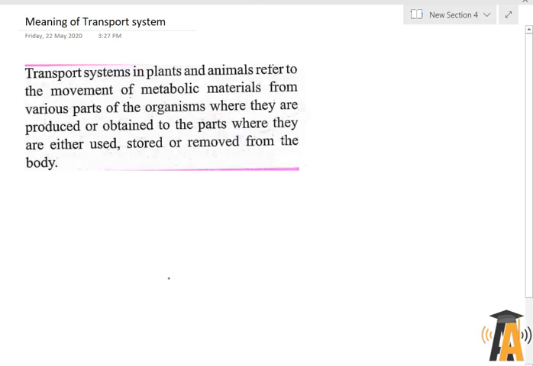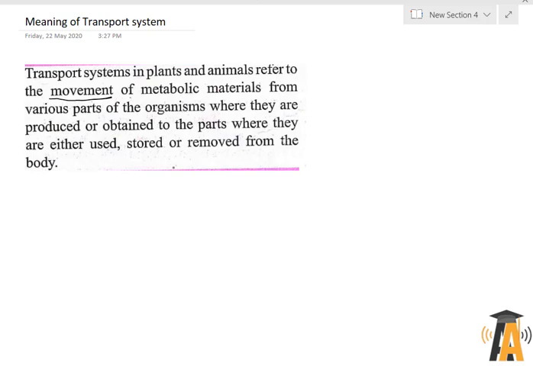Now, what is the meaning of transport system? Transport system in plants and animals refers to the movement of metabolic materials from the different parts of the body where they are produced to where they are either used, stored, or removed from the body.